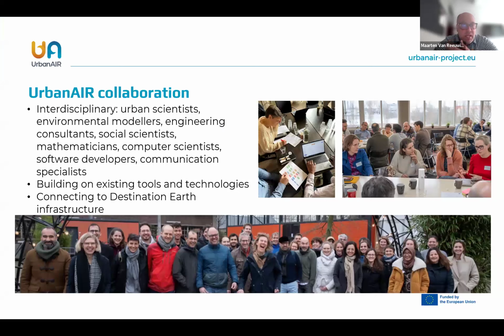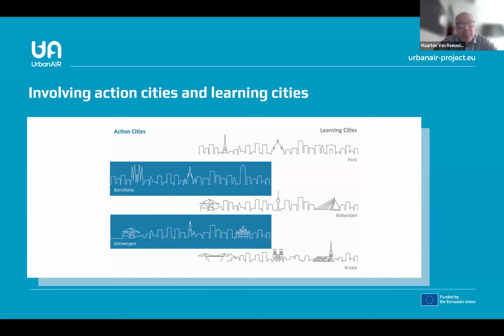I've already mentioned this, but it's an interdisciplinary group: urban scientists, environmental modelers, engineering consultants, etc. Together we've got a large range of tools available, and the idea here really is to combine a lot of these tools together and connect them to the Destination Earth infrastructure. Key to designing a successful digital twin is to actually talk to the users and engage with them closely.